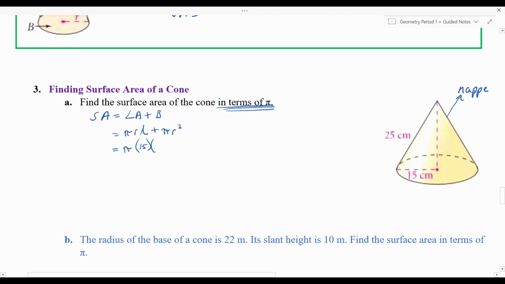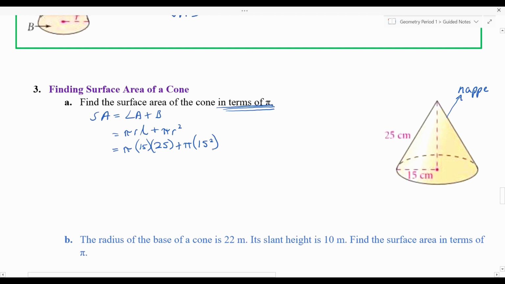All right, the slant is 25 right here, and then we have plus pi r squared, and we know that the radius is 15, so it's going to be 15 squared.